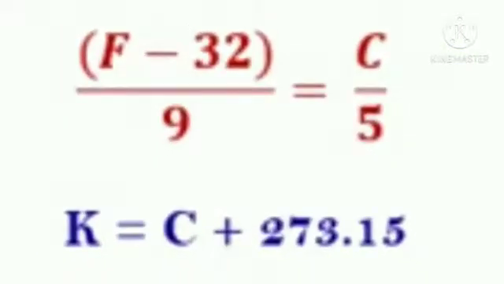The relation between the three units is shown by these formulas. F minus 32 upon 9 is equal to C upon 5. Second, K is equal to C plus 273.15.